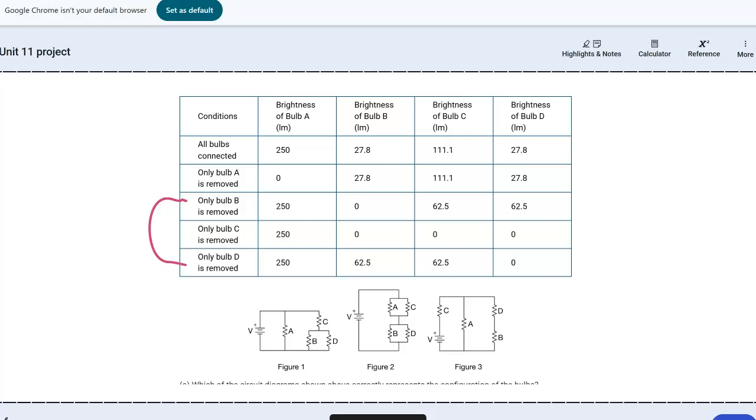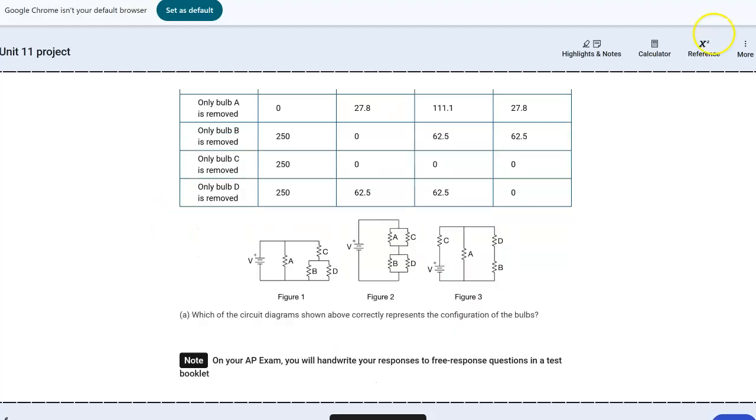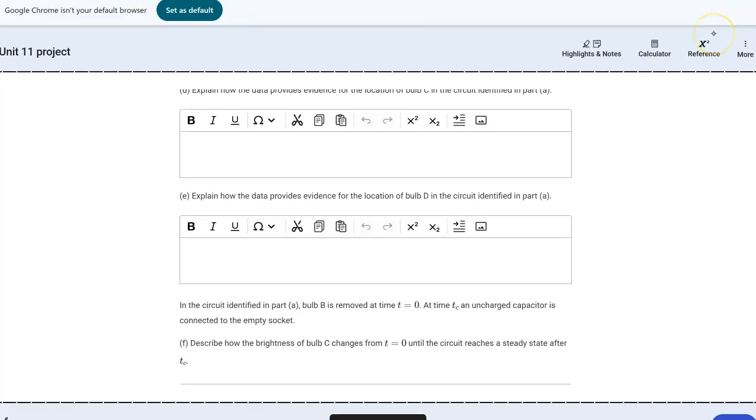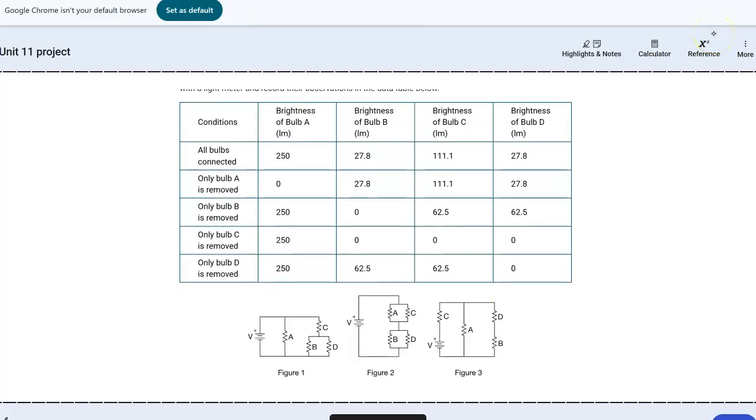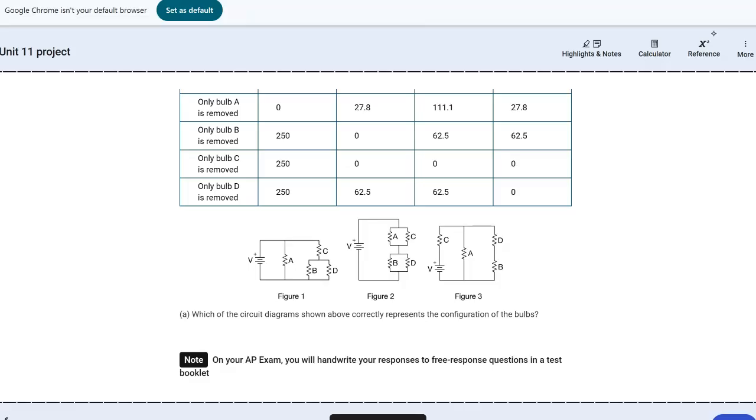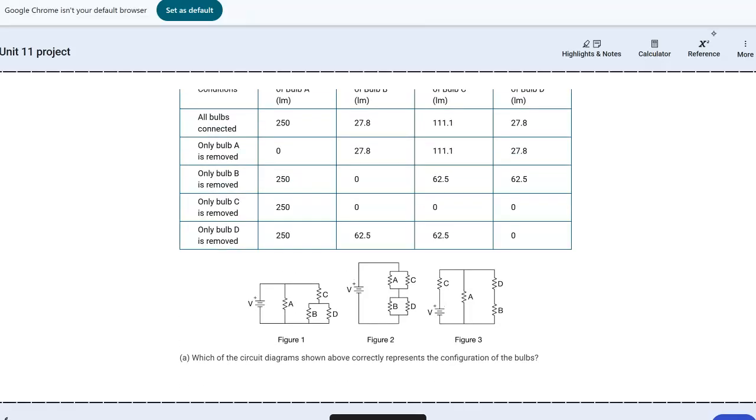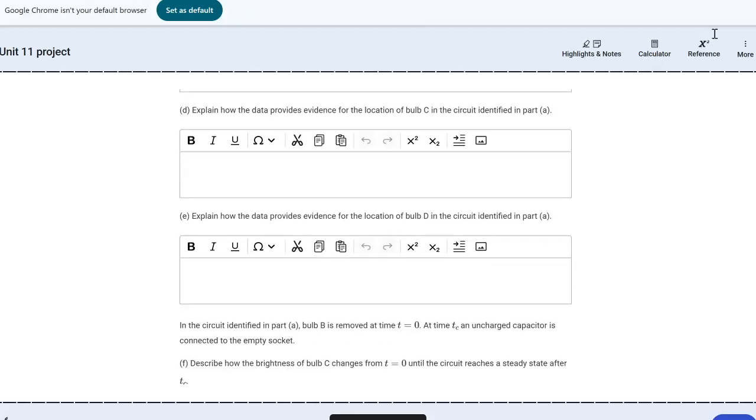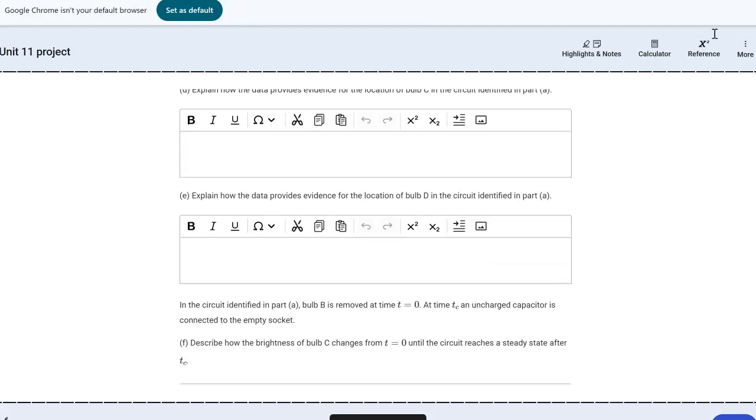But this shows that B and D are in parallel with each other and in series with C, because pretty much the same thing happens. So you remove bulb D, then bulb C and B become in series with each other, and they're both going to become dimmer, but not out. And it also reaffirms that we got figure 1 correct, because the similarity between what happens when you remove bulb B and what happens when you remove bulb D shows B and D must be in parallel with each other and in series with C.